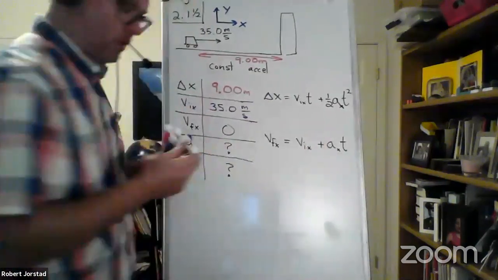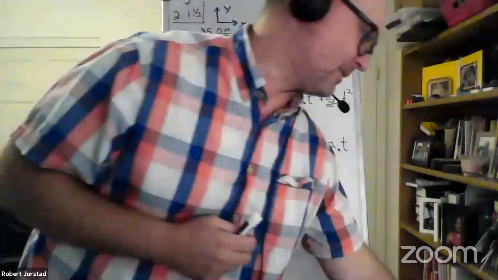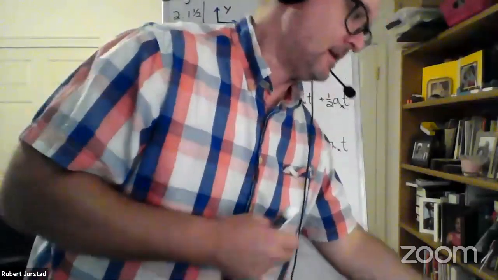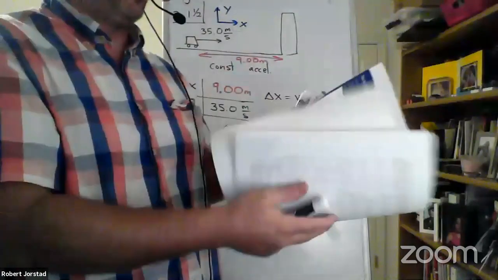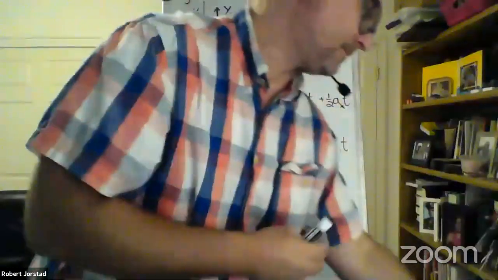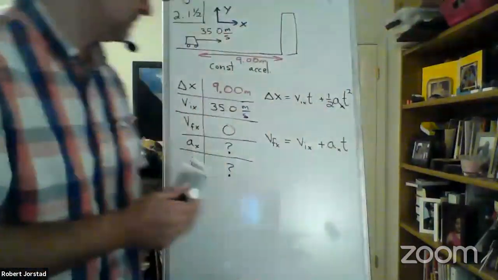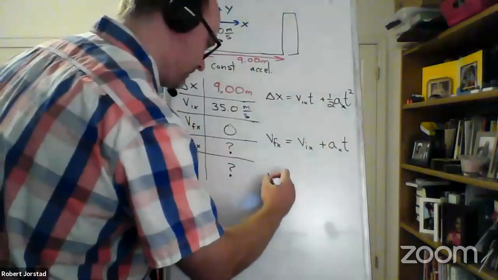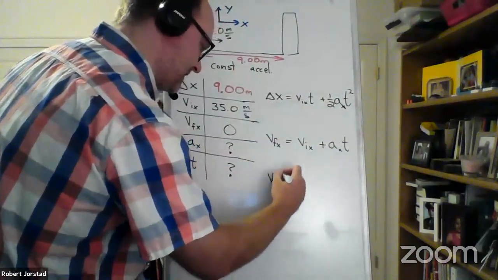And if you're wondering where I'm getting these, it was from the bottom of page 21. Or you could look on the back of your book, right? I'm just writing these kinematics equations off the back of the book. Couple lines of space.